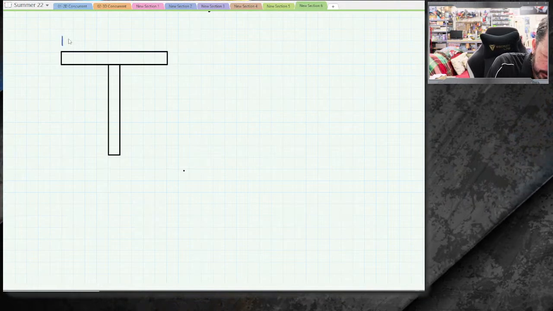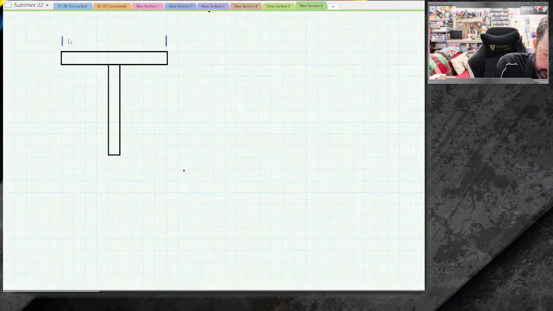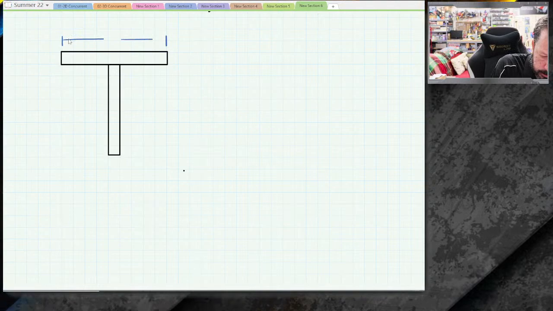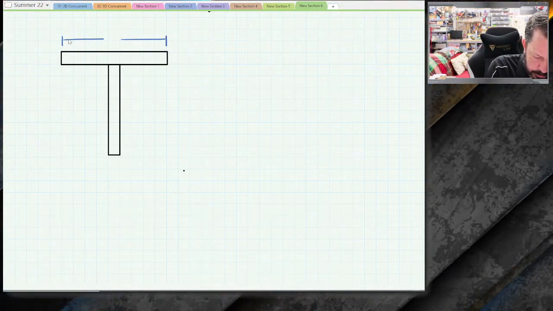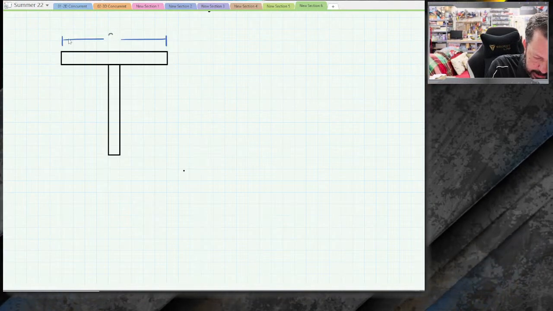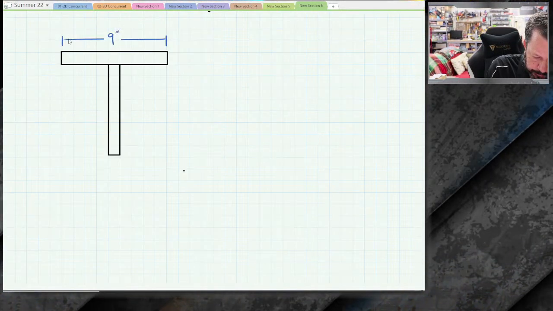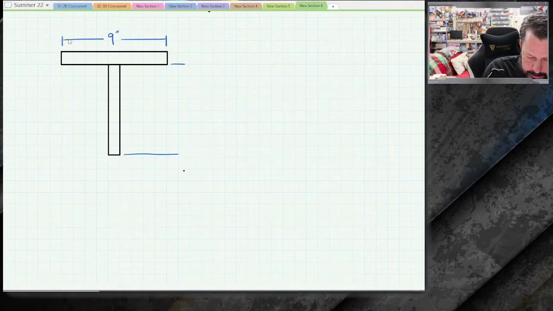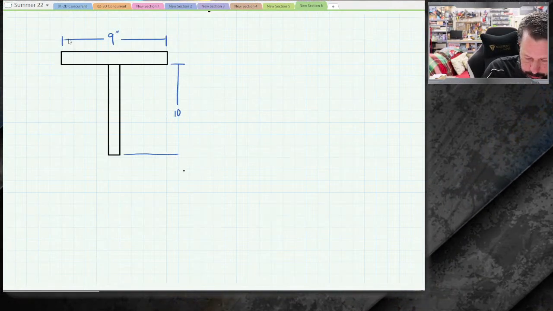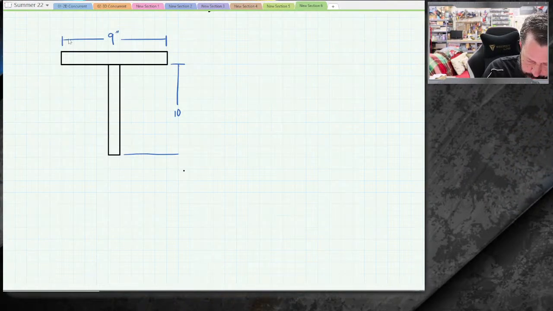So let's do this. We have to dimension this thing so that we can figure out where the centroid is. 1, 2, 3, 4, 5, 6, 7, 8, that's 9. Let's just call it inches. Let's call this 10 inches just so we don't have another 9. Or is that 8? 1, 2, 3, 4, 5. That's 8.